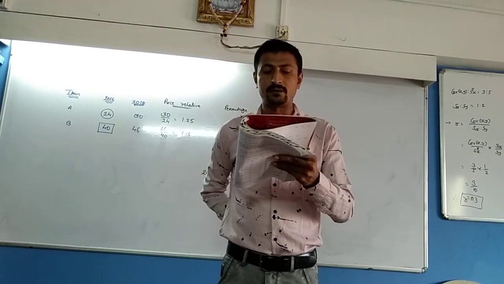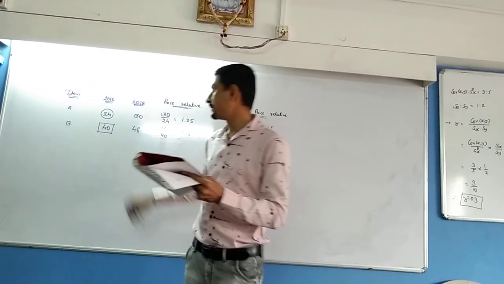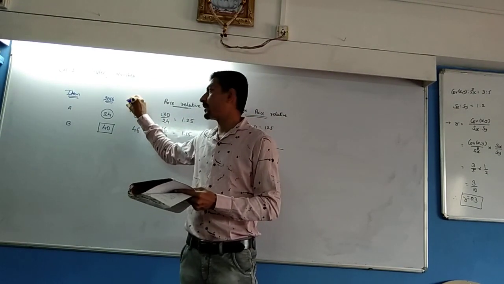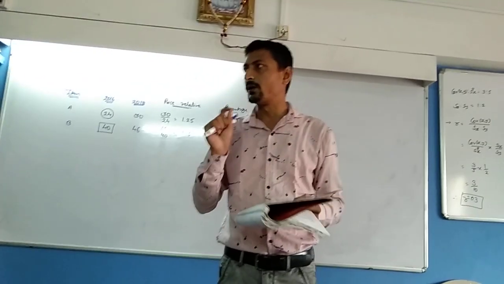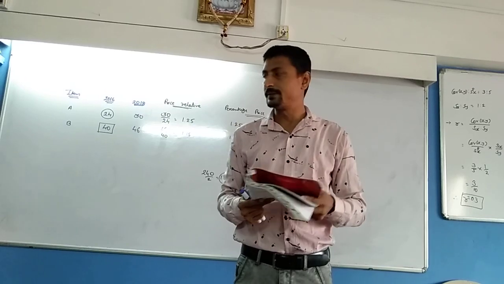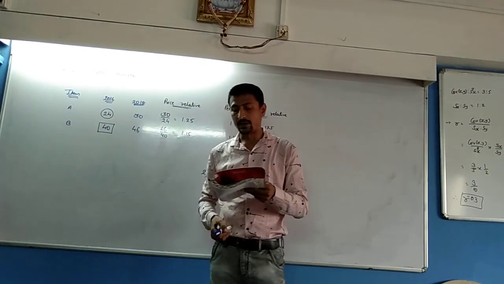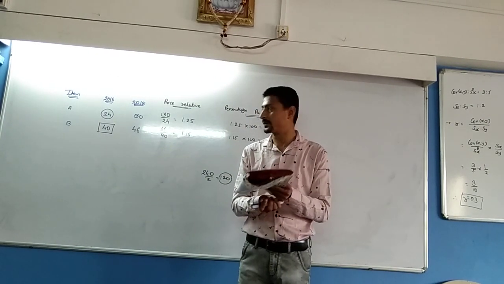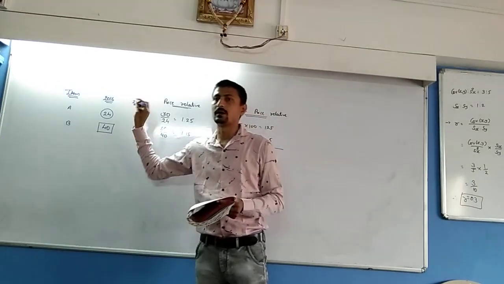The period or year for which the value is to be compared with the base period or year is called the current year or current period. Definition, underline second. The year of comparison is called the current year.